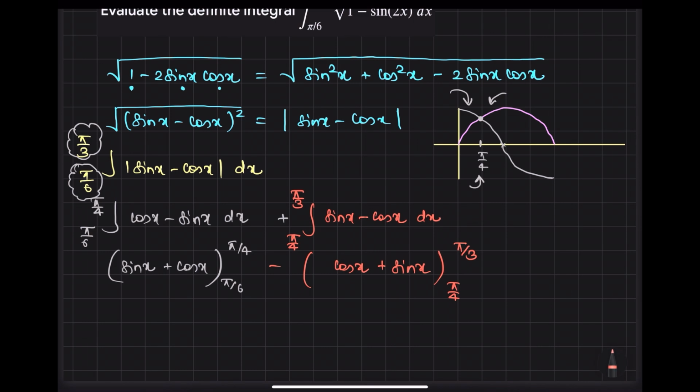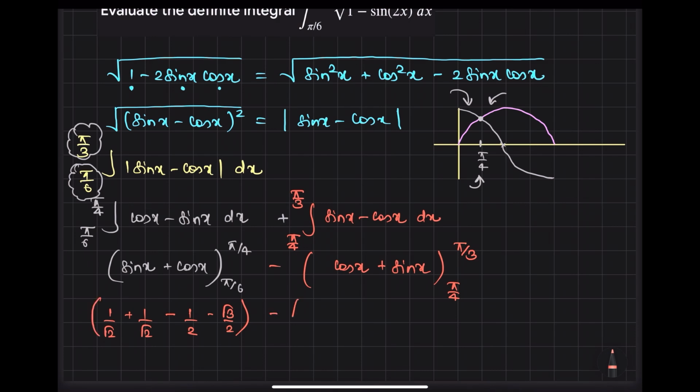So pi by 4, so it is 1 by root 2 plus 1 by root 2. Now 30 degree, so sine 30 is 1 by 2, but you have the minus sign waiting outside. So minus of 1 by 2 minus of root 3 by 2. So this is the part which you got in the gray section.